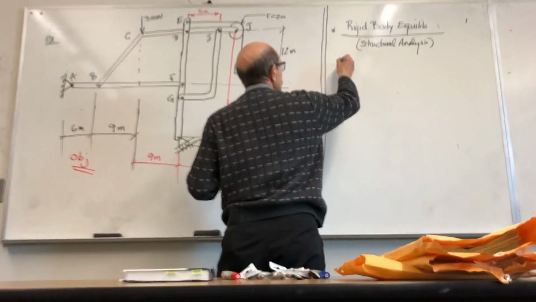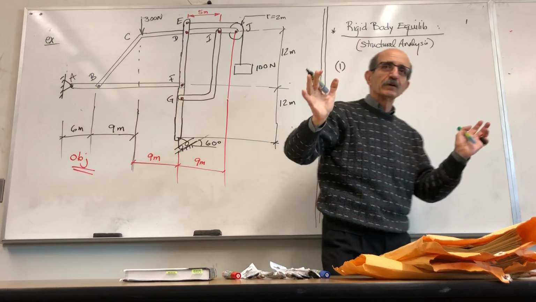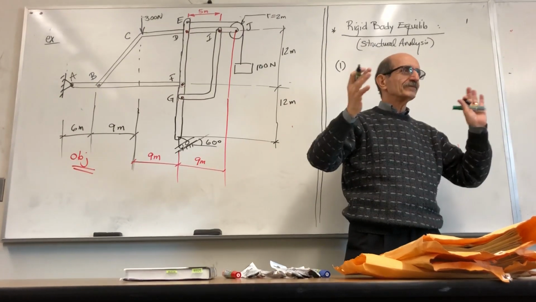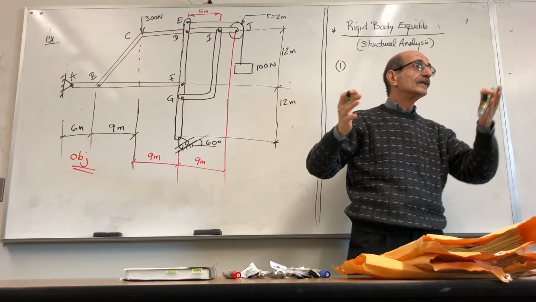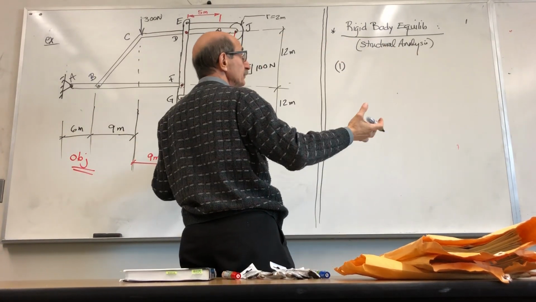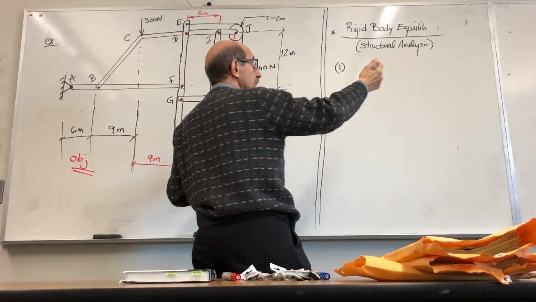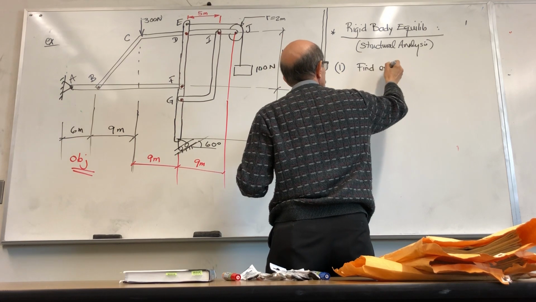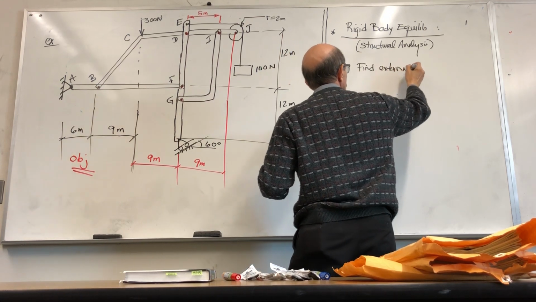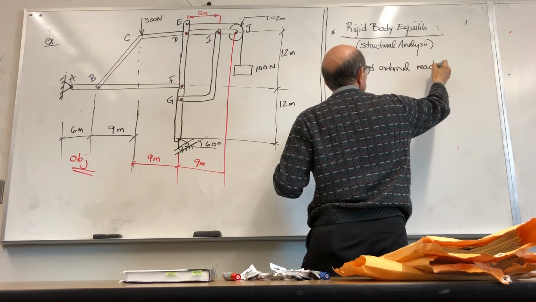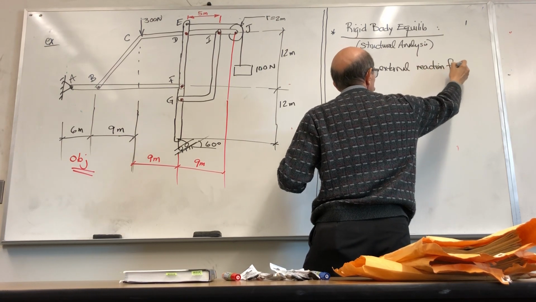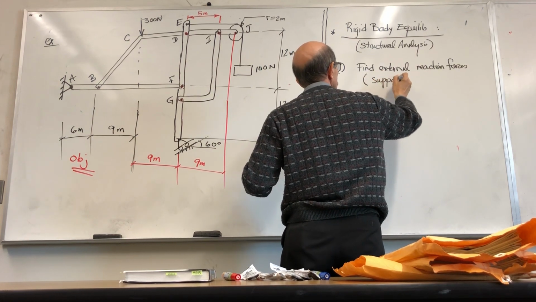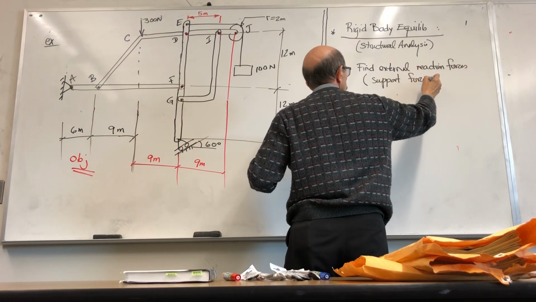Number one was what? Does anybody remember? The first objective in rigid body equilibrium was to find external reaction forces, or support forces, right?